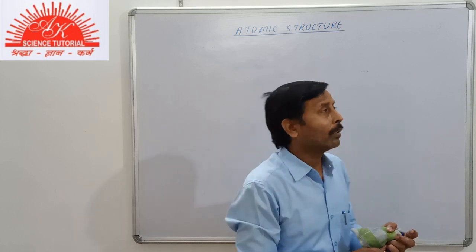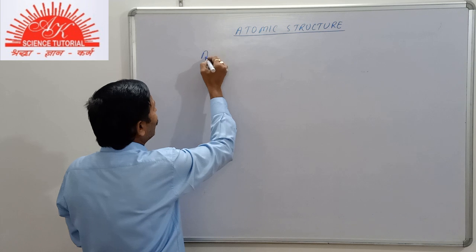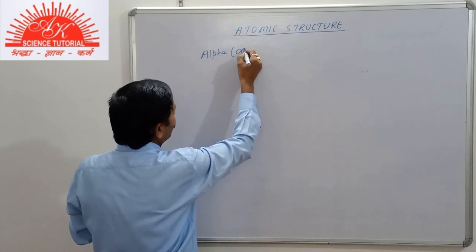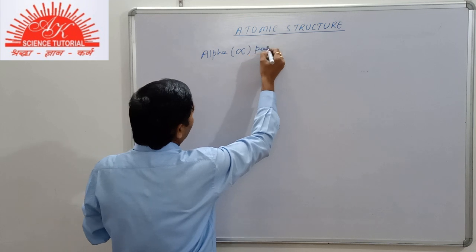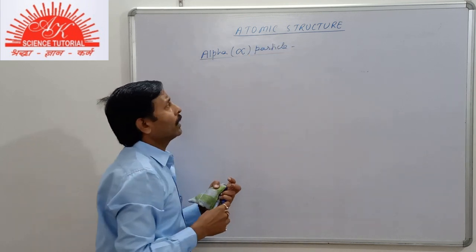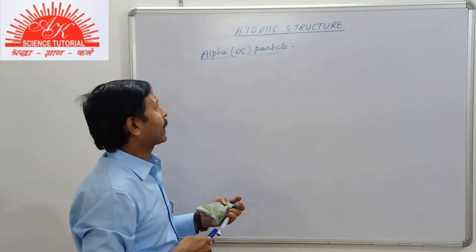So, first of all, suppose we write here alpha, the symbol is this one, alpha particle. Let us explain it first, and then we will use this particle in Rutherford's experiment.